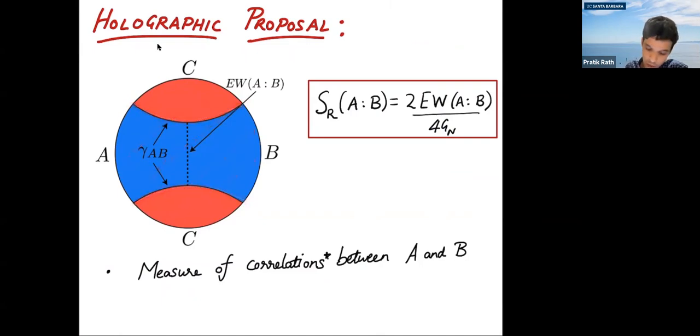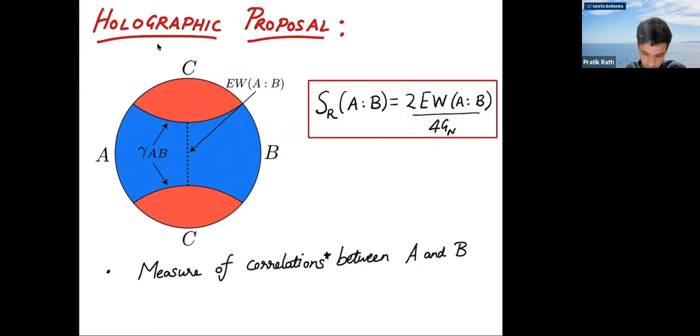And now we define the minimal entanglement wedge cross section, which is the minimal surface that splits this entanglement wedge into two parts, one which is homologous to A and one which is homologous to B. The minimal such surface has an area which is defined by EW. And the proposal is that the entropy is given by twice EW divided by the familiar factor of 4G Newton.